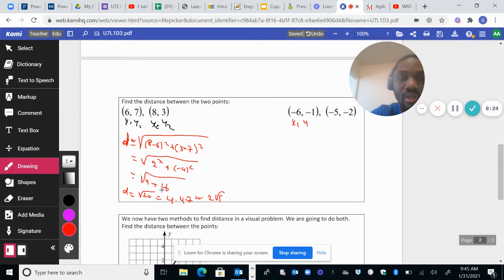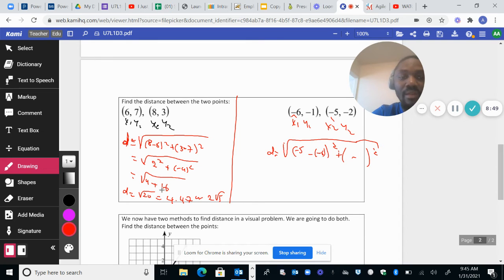On the other side, you do the same thing. This is my x1, y1, x2, y2. So D equals the square root of, put bracket squared, minus, and you put the values. X2 minus x1, that's negative 5 minus 6, and then minus 2 minus 1.